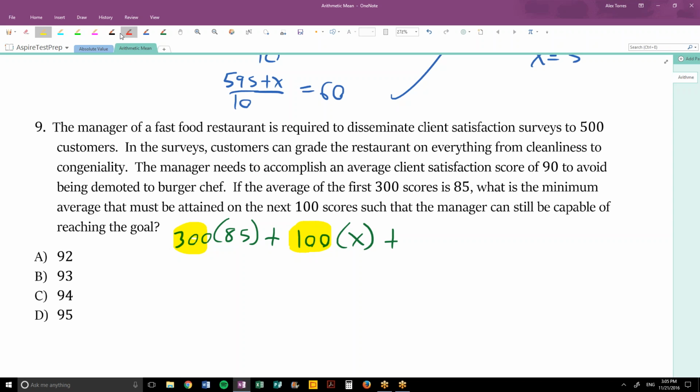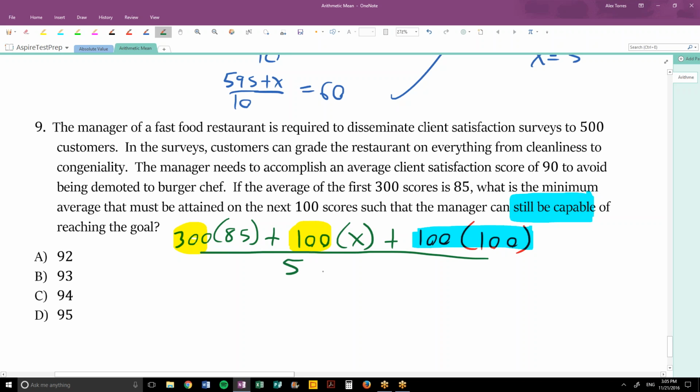And that means that for the remaining scores, we need to imagine perfection because we're talking about still being capable, still having a potential, which means we're talking about an ideal world, and for all the remaining scores, we have to imagine that those are just perfect. Divide this all by 500 because this is the average of 500 scores, and that should allow us to equal our goal of 90 to avoid becoming burger chef. Not that being a burger chef is so bad.